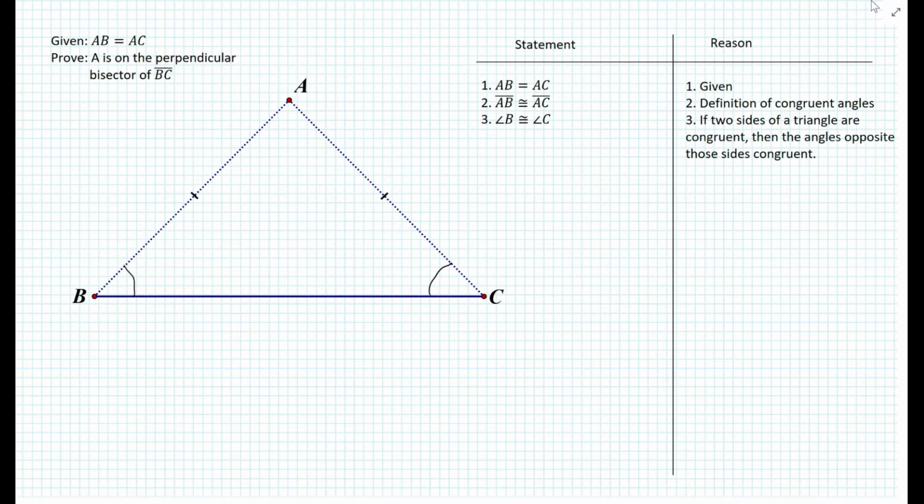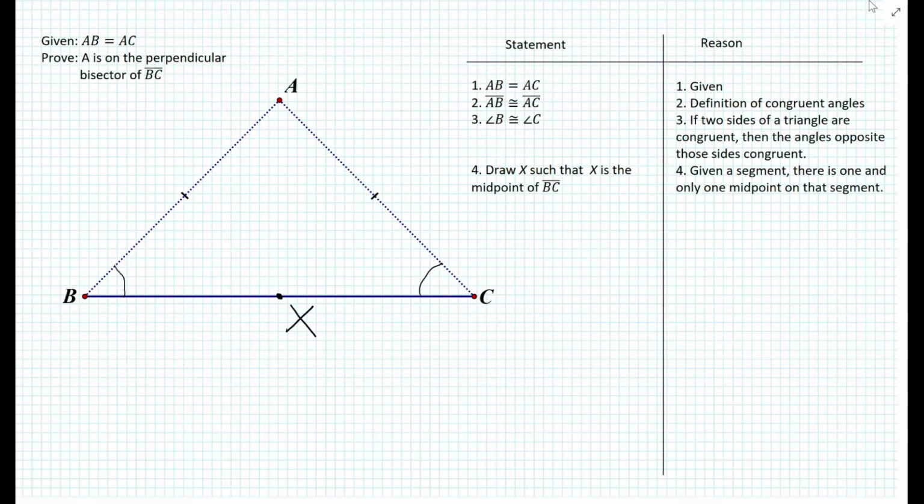The answer is yes. So let's say we draw point X, which is the midpoint of segment BC. So what will be the reason in this case? Well, if we write that we want to draw X such that X is the midpoint of segment BC, the reason would be, given a segment, there's one and only one midpoint on that segment.